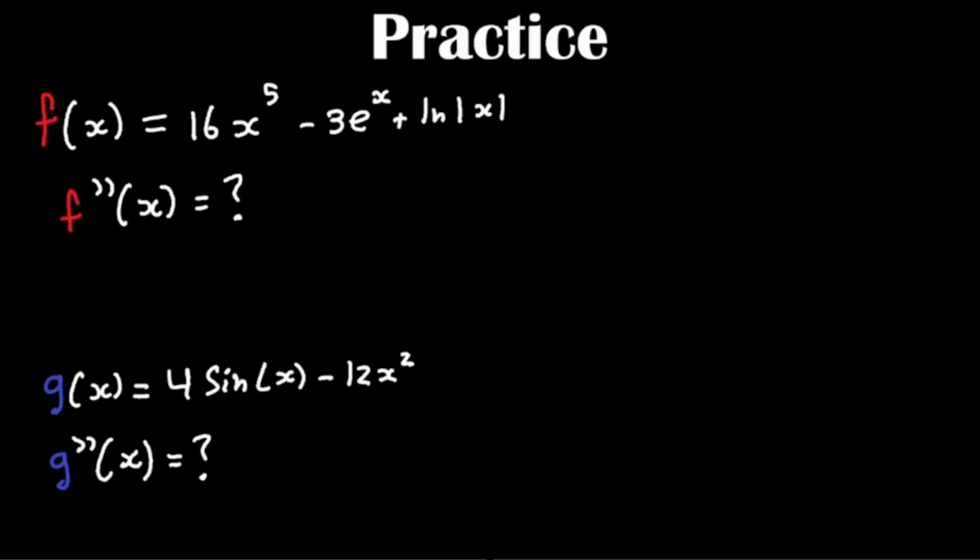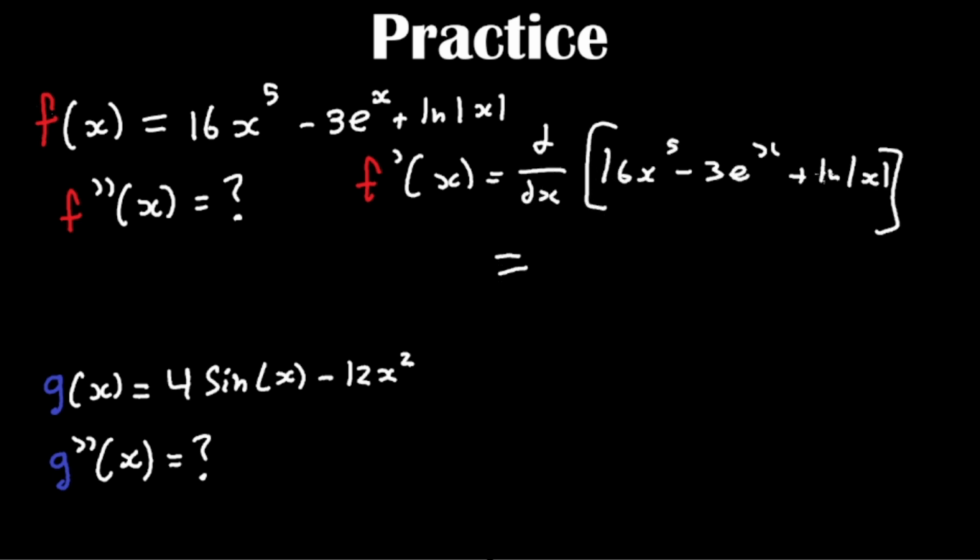Alright, so we're starting off a little bit easier. Our f is 16x to the fifth minus 3e to the x plus natural log of absolute value x. If you differentiate f one time, you get the derivative of all of that business. So let's go term by term.